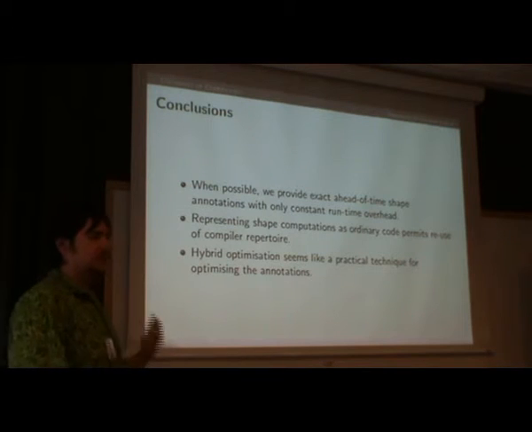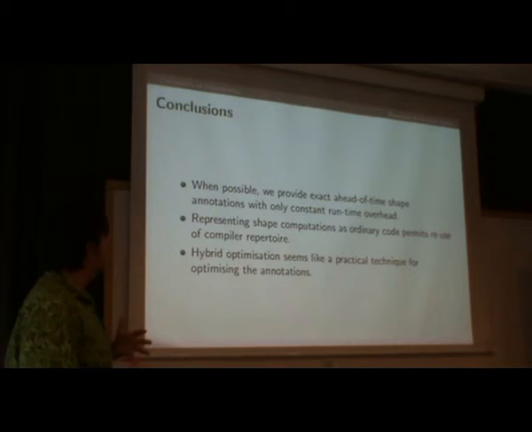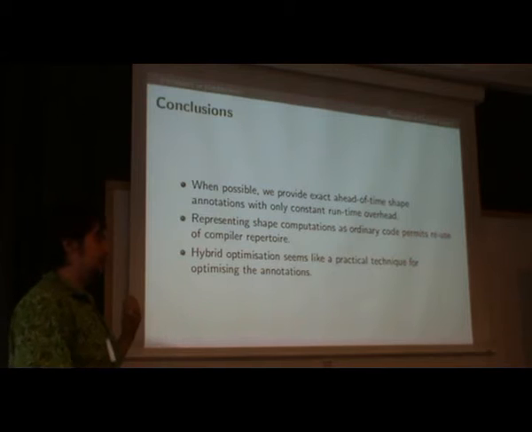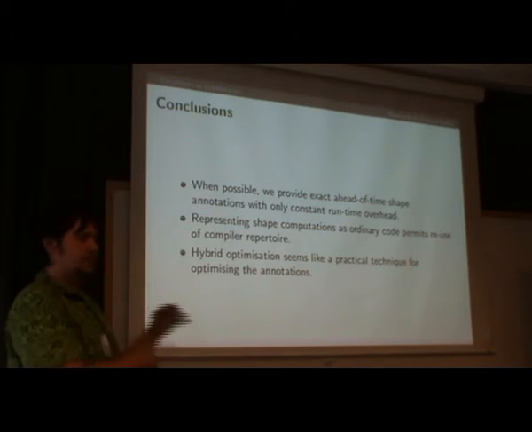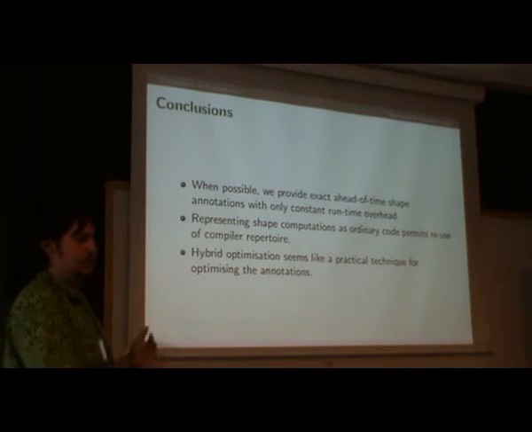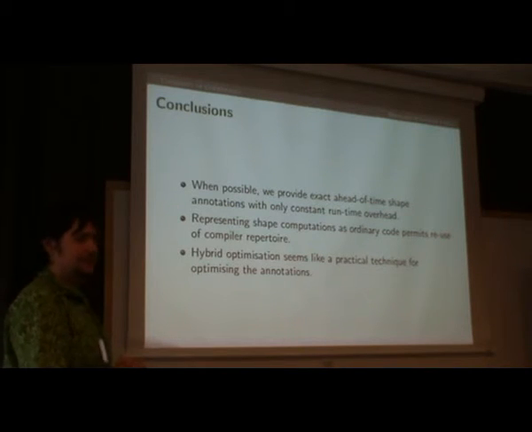It allows us to reuse the Fusion module even for optimizing low-level things like shape annotations. And it seems like our approach of generating explicit code, trying to optimize as much as possible and leaving whatever we can't optimize for the runtime, seems to work all right. Although we still don't have a good parallel code generator, so time will tell whether this really works in practice.